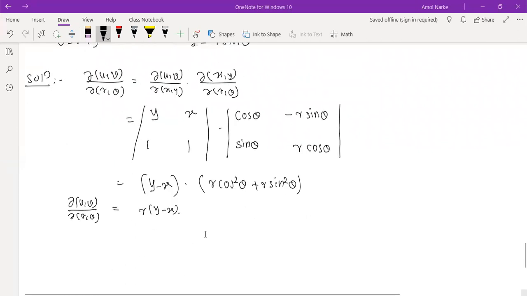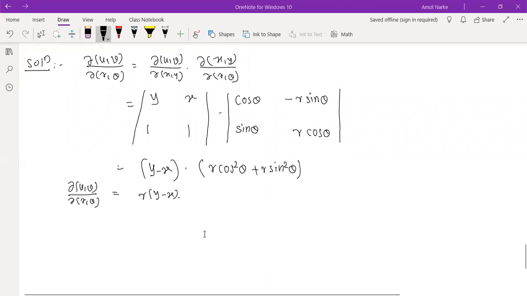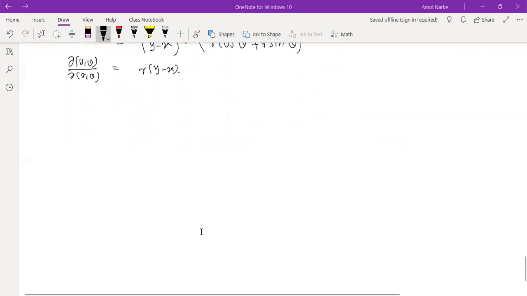Yes, sir. Okay. Now see, we have some kind of implicit function also. So I will give you an example. You just see that example and tell me whether it is possible to find out this value. So let's take a third example.